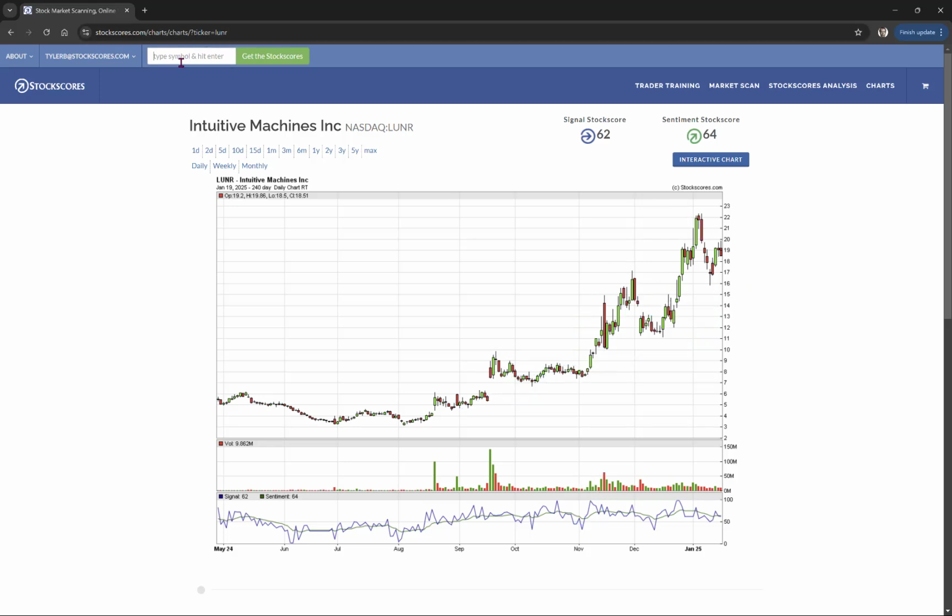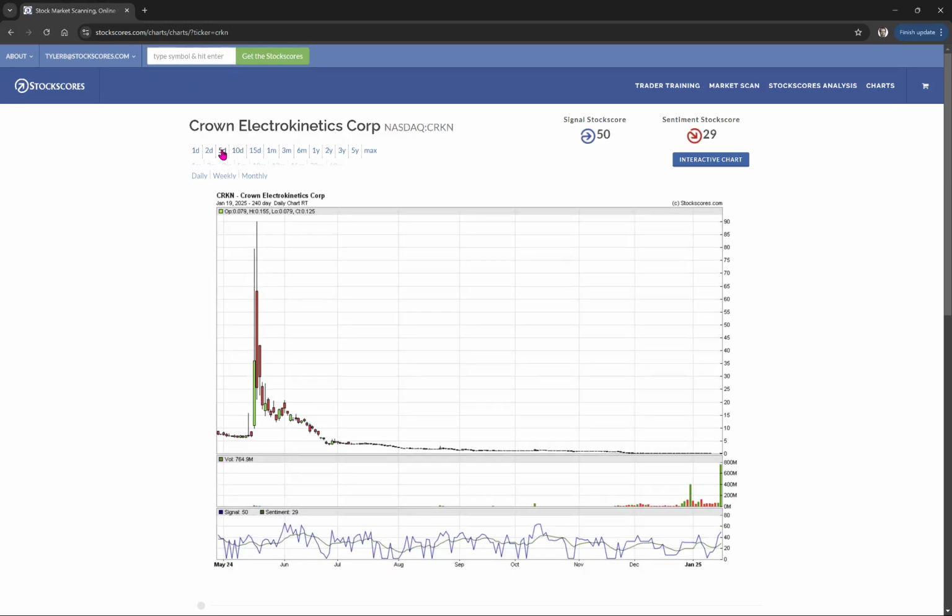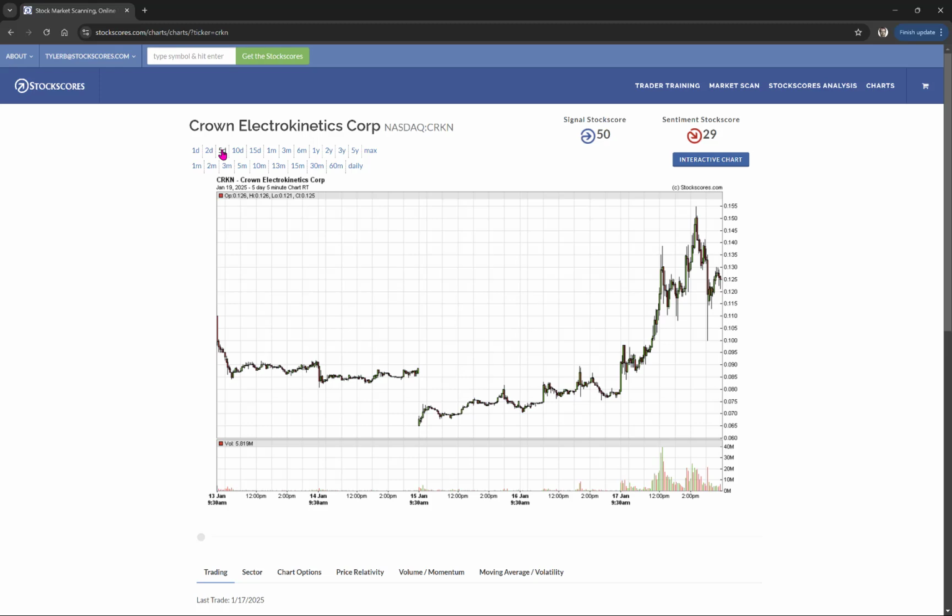Now I'm going to show you one other short-term trade. This is a stock that did really well on Friday. This now is a 5-day, 5-minute chart, and you can see that the tops are falling through here. And then the downward trend is broken there from a rising bottom. We get sideways trading.